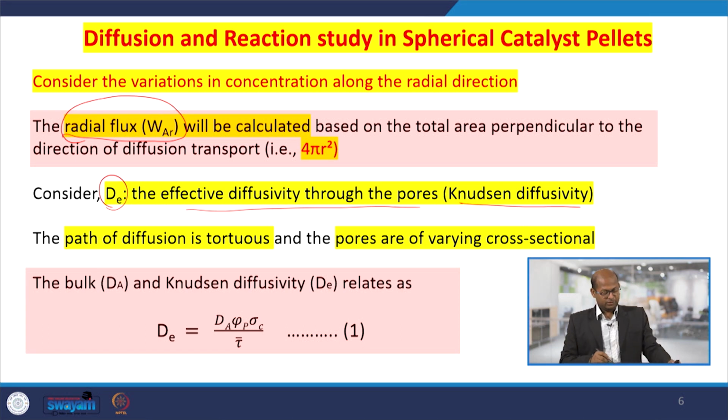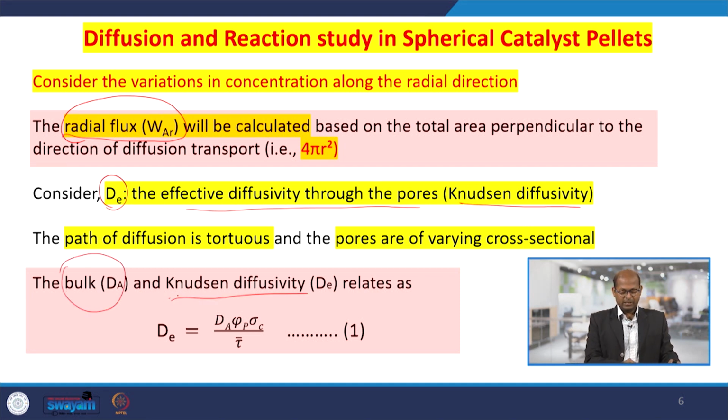Whenever molecules diffuse according to the fixed law of diffusion, or equimolar counter diffusion, that diffusion is called bulk diffusion or molecular diffusion. When it is inside the pores, the molecule passes from one point to another due to the concentration gradient or concentration difference inside the pores.